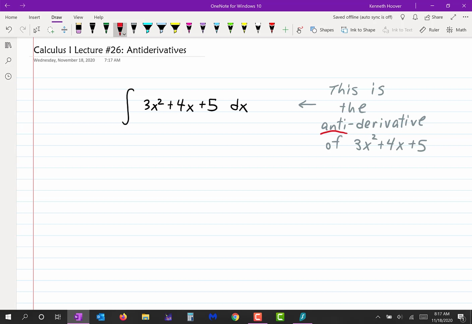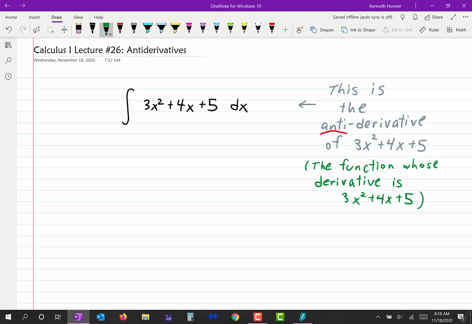What does it mean? Okay, you can say it a few different ways. You can say it's the function whose derivative is 3x squared plus 4x plus 5. Okay, that's one way to say it. Let me write that one down. The function whose derivative is 3x squared plus 4x plus 5.